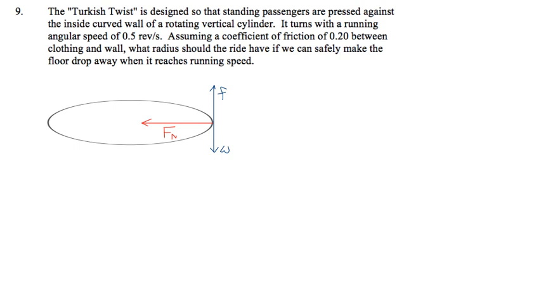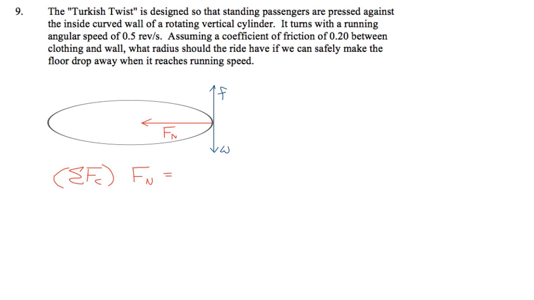So after you have the picture, the next thing you have to do is write the descriptive equations. So if I sum up my centripetal force equation, there's only one force causing the change in direction. And it is towards the center of the circle, so it is a positive force. So the normal force is going to equal either mv squared over r or mr omega squared, depending on what the unknown is in the problem.